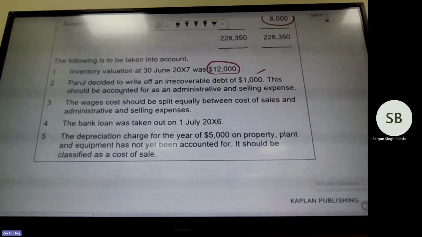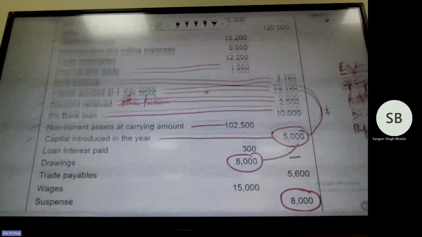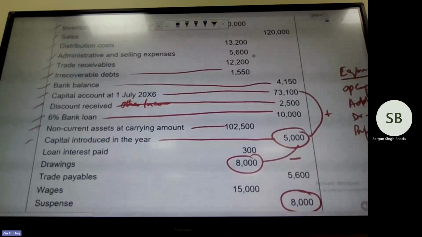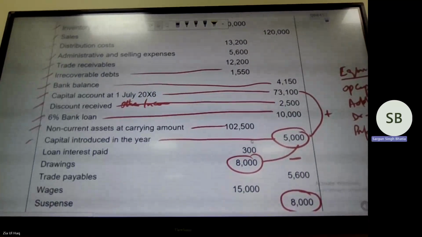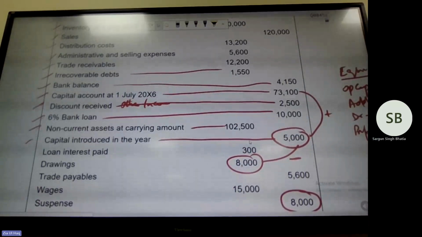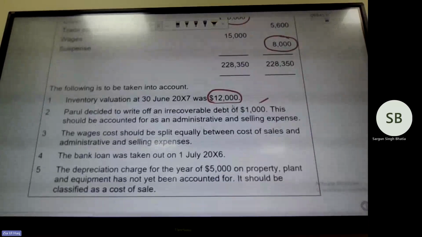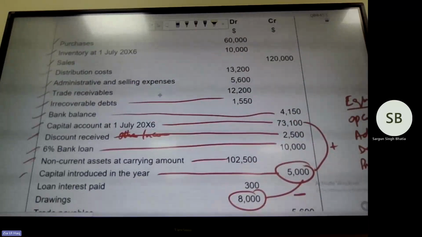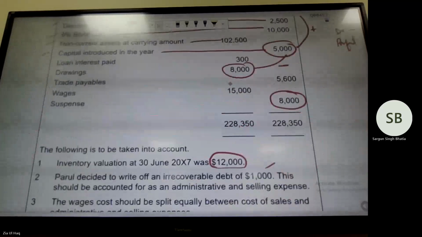And this should be accounted for as an admin and selling expense. Meaning you need to record this irrecoverable debt under admin and selling expense, meaning this 5,600. Sir, the whole 2,550 or the 1,000 only? No, whole. The opening balance of irrecoverable debt, 1,550, plus this 1,000. The total will be 2,550. You have to add it in admin and selling expense 5,600. Is that fine?